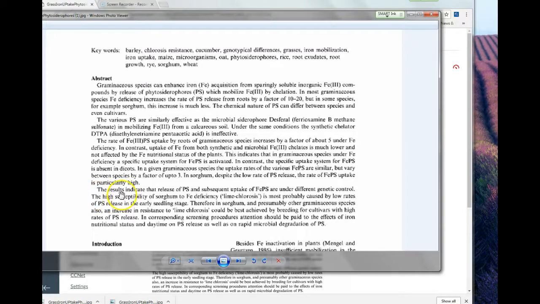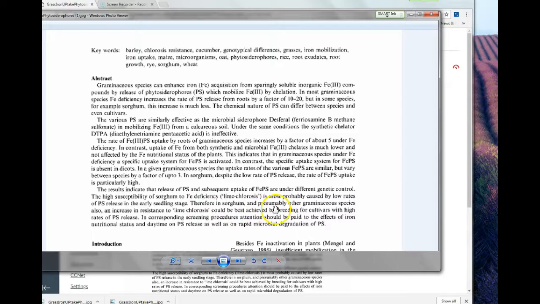So the results indicate that the release of these phytosiderophores and the uptake of the iron phytosiderophores are under different genetic control. The high susceptibility of sorghum to iron deficiency, or what they call lime chlorosis, is most probably caused by low rates of phytosiderophore release in the early seedling stage.